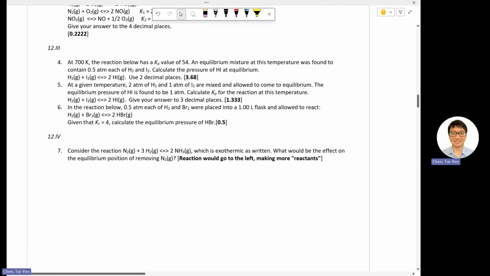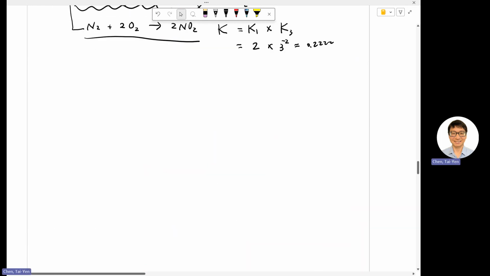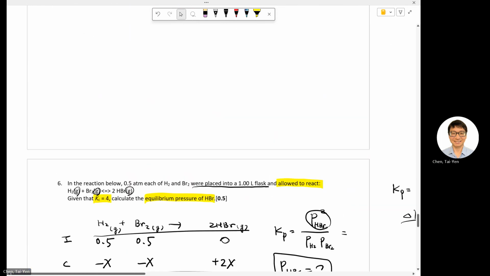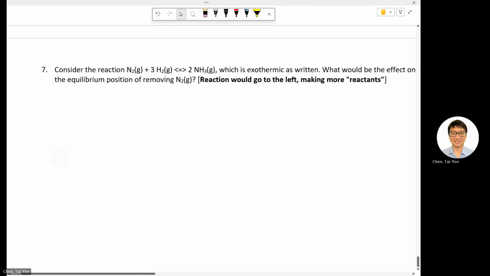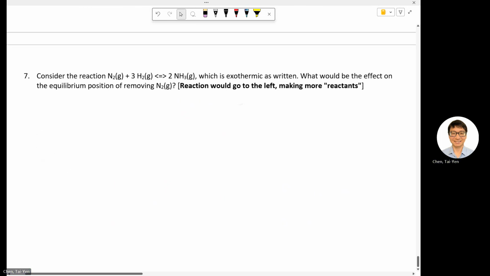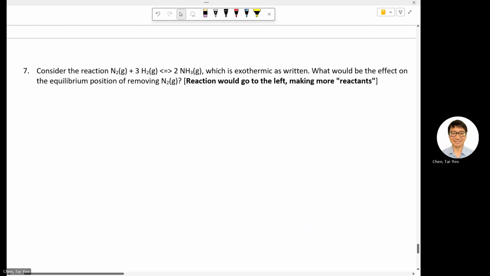All right, with that concept, let's do the very final questions for this chapter. Let's read through these questions carefully. Consider the reaction N2 plus 3H2 giving 2NH3, which is exothermic as written. What will be the effect on the equilibrium position?